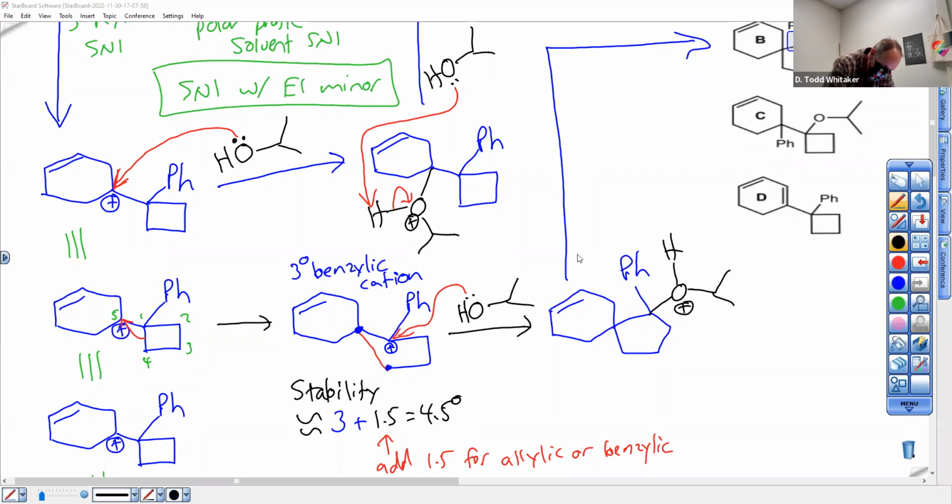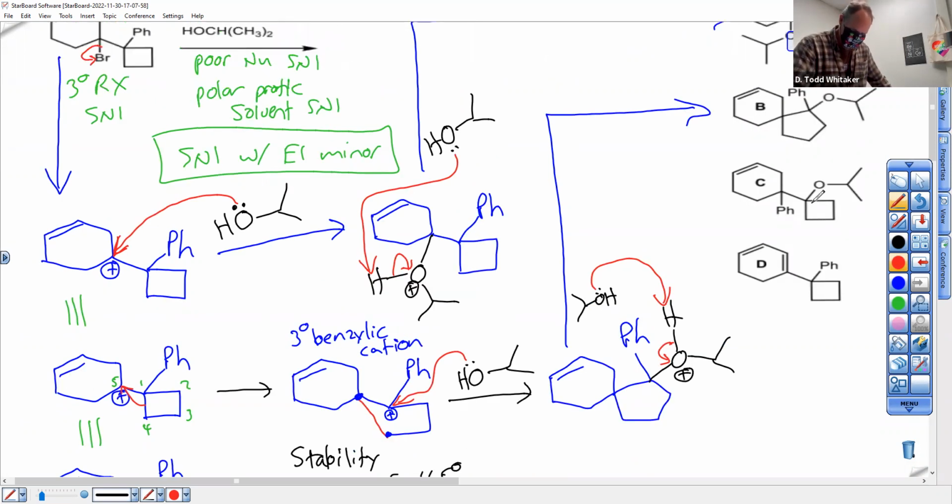You need another isopropanol. We have a never-ending supply of isopropanol. And I'm just going to go ahead and circle that product. I mean, you guys would have probably instinctively done this without even doing the mechanism, right? You see that ring? There's no four-membered ring anymore.